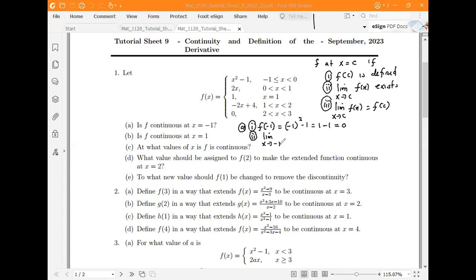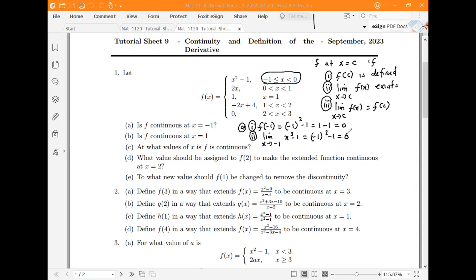So as x approaches -1, there's only this function here. Have you seen the interval? The interval is -1 to 0. So the fact that the function is defined at x equal to -1 means that the limit will utilize the same function. And so we'll have -1 squared minus 1, which is equal to 0.